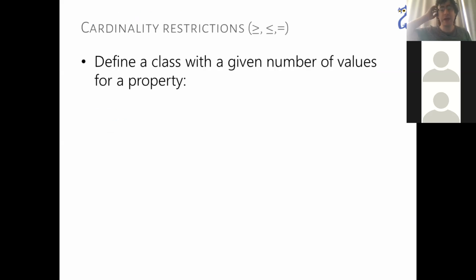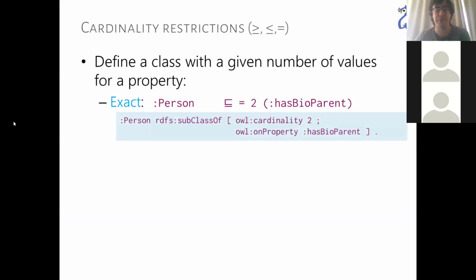So there's two other categories of definitions. There's cardinality restrictions, which define a class with a given number of values for a property. Okay. So for example, we can have an exact cardinality definition where we say that a person has precisely two biological parents, defined here in Turtle and OWL.